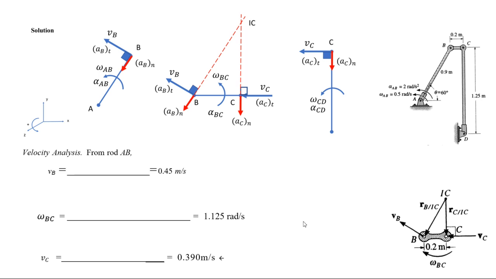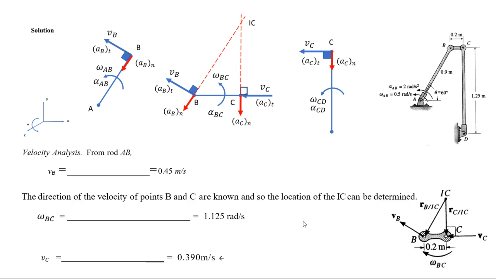We start with the velocity analysis from the rod AB, and the velocity at B is given as 0.45. So VB is going to be equal to omega multiplied by RAB. The directions of the velocity of the points B and C are unknown, so the location of the instantaneous center can be determined as we mentioned earlier.